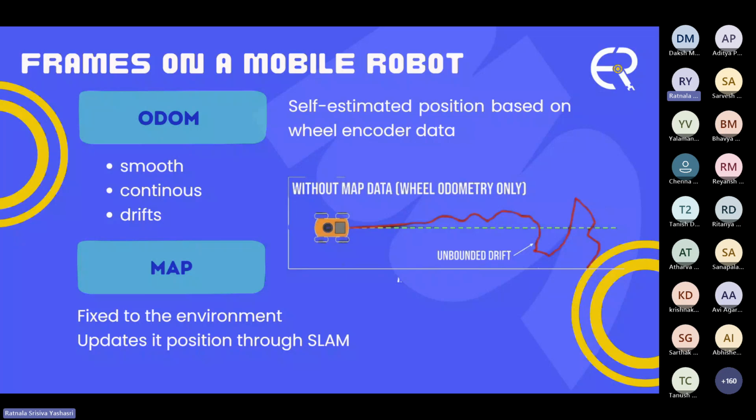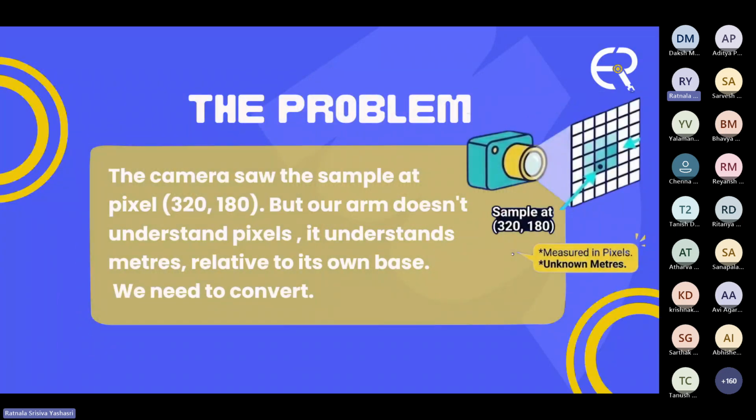Now let's state our problem precisely. The camera saw the pixel at 320, 180, but these are in pixels, they're not in meters. And the camera has its own frame. So what do we need to do? We need to convert those pixel coordinates to real world metric space. Now this uses camera vision and calibration, which is a whole other topic.